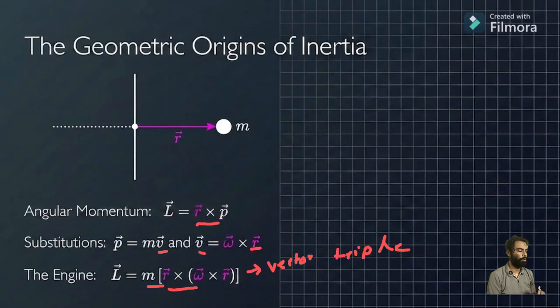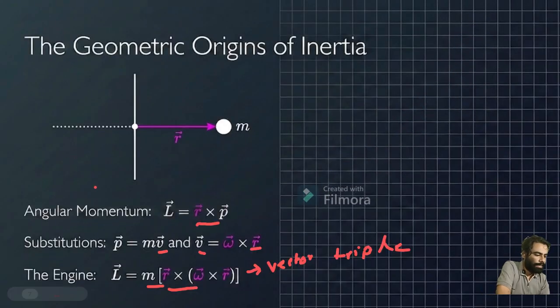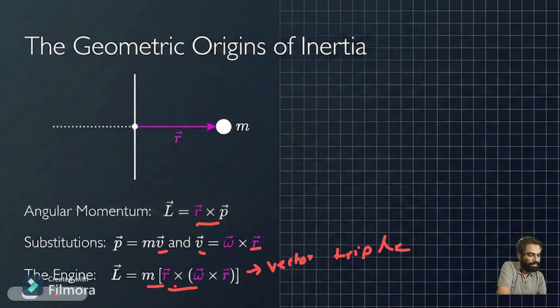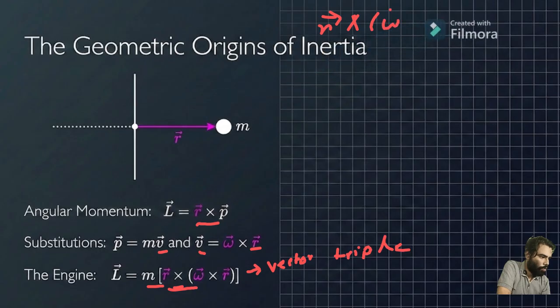And here the important aspect is that this is a triple product of R cross (omega cross R).